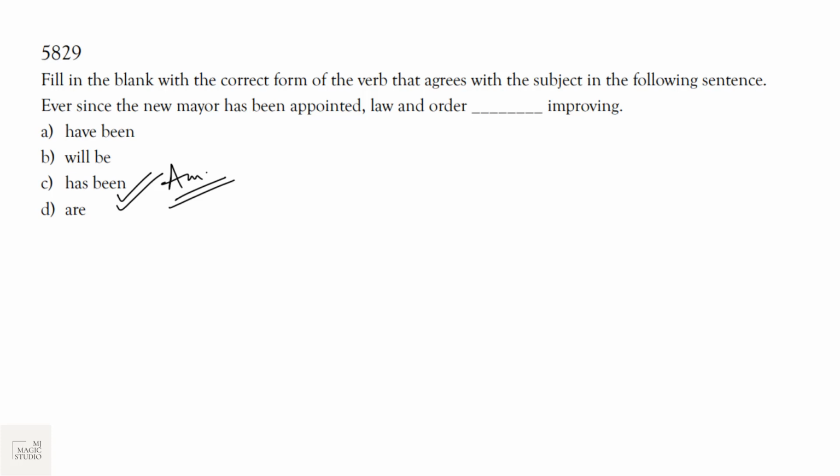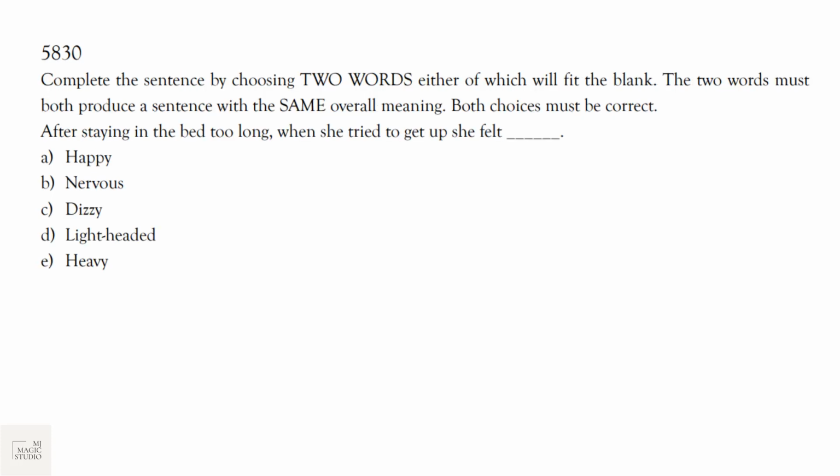And one last type of question you might get is where you need to choose two words and tick both. Complete the sentence by choosing two words, either of which will fit in the blank. The two words must both produce a sentence with the same overall meaning.